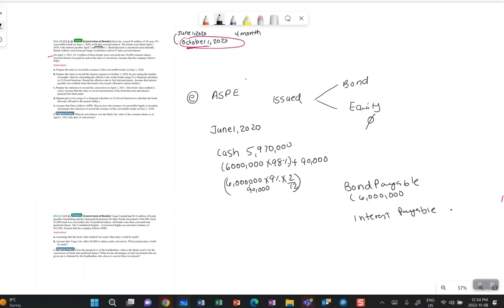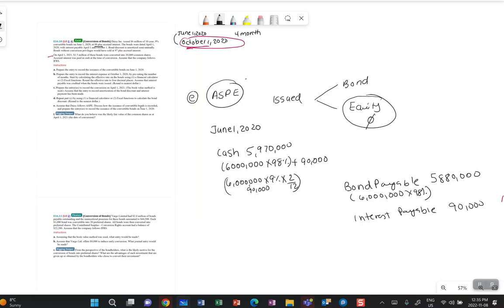In this case, the interest payable was 90,000, and the bond payable will be 5,880,000, which is 6 million multiplied by the 98%. So that was part E. If the company is an ASPE company, they make the equity portion to be zero. That's what they prefer.